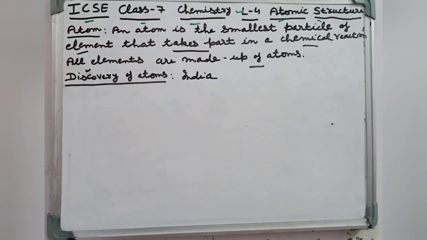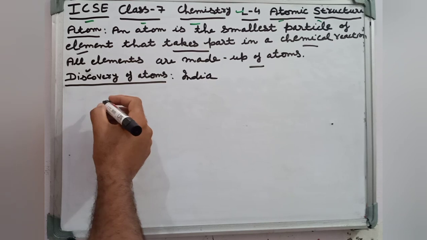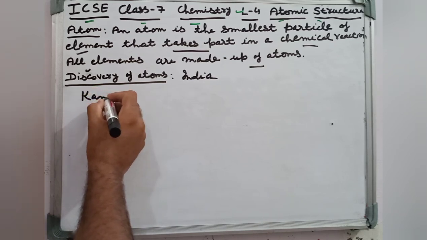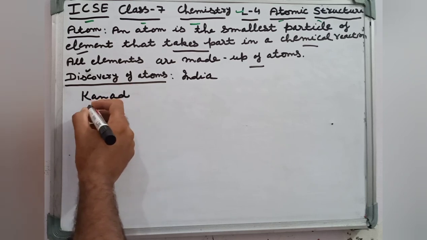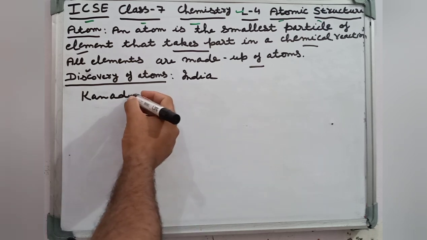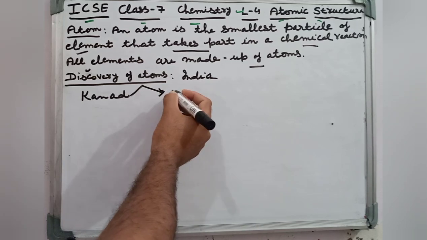Which was the first Indian philosopher? Kanad, one of the first persons to propose that matter is made up of very small particles. Here he gave these atoms the name Parmanu.